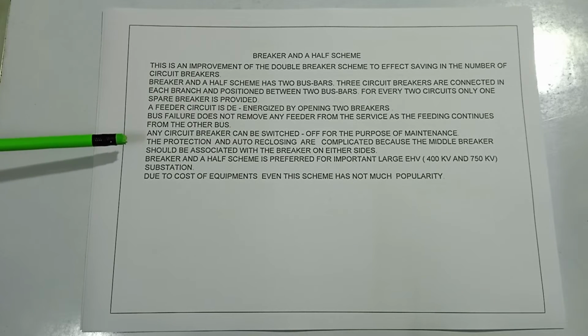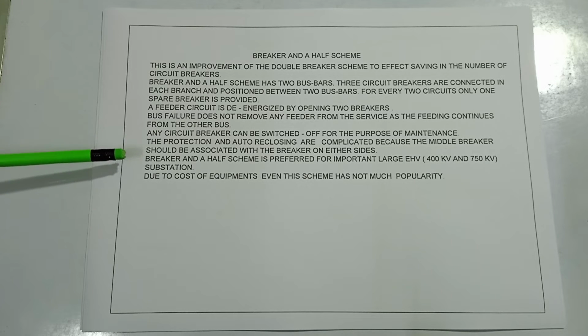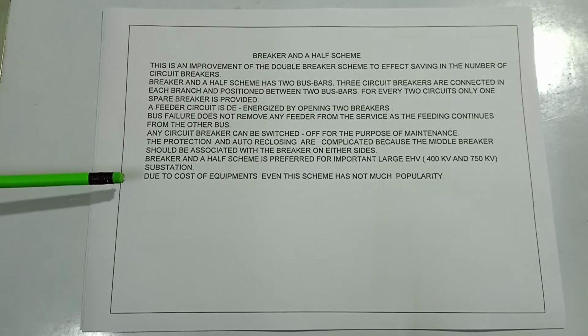The protection and auto reclosing are complicated because the middle breaker should be associated with the breaker on either side. Breaker and a half scheme is preferred for important large EHV 400 kV and 750 kV substations. Due to the cost of equipment, even this scheme has not much popularity. Okay, next.